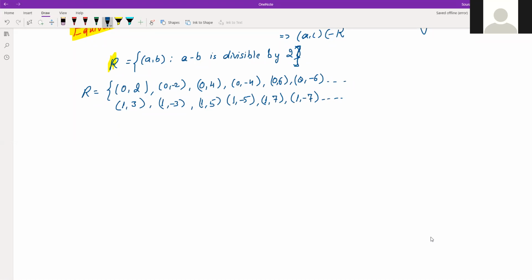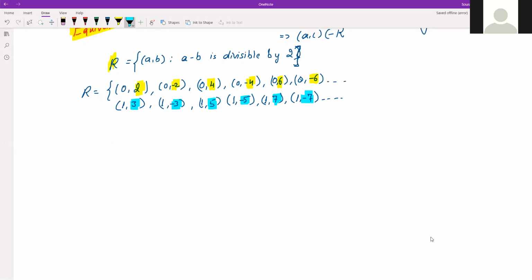So actually all even integers are related to 0 and all odd integers are related to 1. With 0 you have 2, minus 2, 4, minus 4, 6, minus 6, 8, minus 8, 10, minus 10. And with 1, you have 3, minus 3, 5, minus 5, 7, minus 7, and so on.